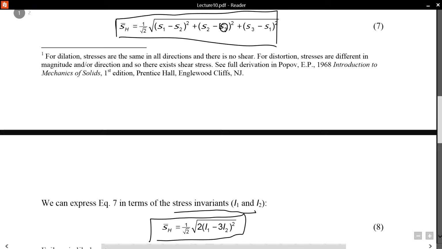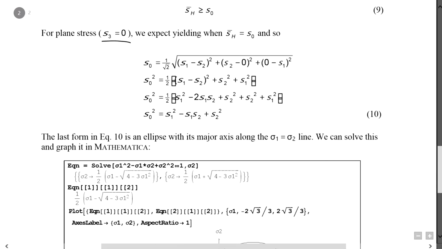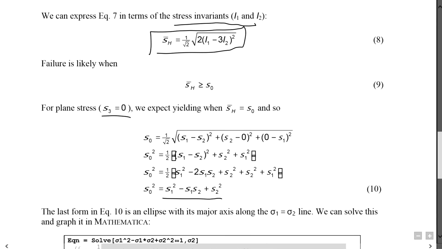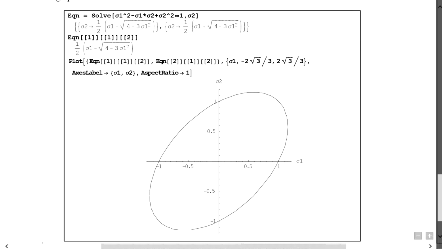So these are all zeros, to simplify things. Therefore you have some equations over here. You substitute in your invariants, which is all this stuff. I don't know how you substitute in. By the end, you plot something like this, and this is the von Mises curve.